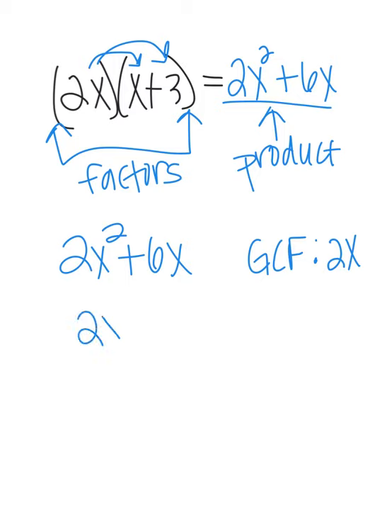So I could factor that out of each term. 2x squared divided by 2x is just 1x, and then 6x divided by 2x is 3. So you can tell whenever we factor it and go backwards, we get the exact same thing, 2x times x plus 3.